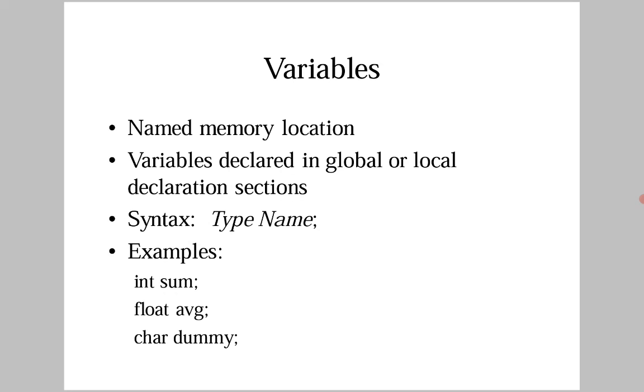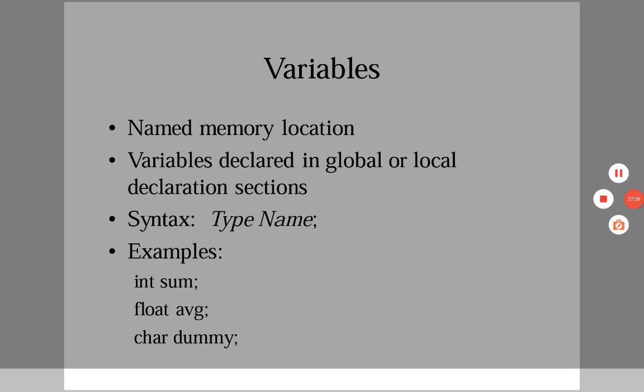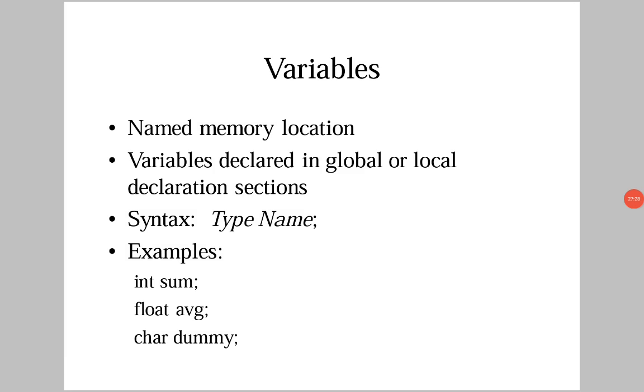It is the data type. As we already discussed in the previous classes, the type is nothing but a data type, and various different data types are used. So the syntax is data type space name, like int sum, float avg, char dummy, like that.